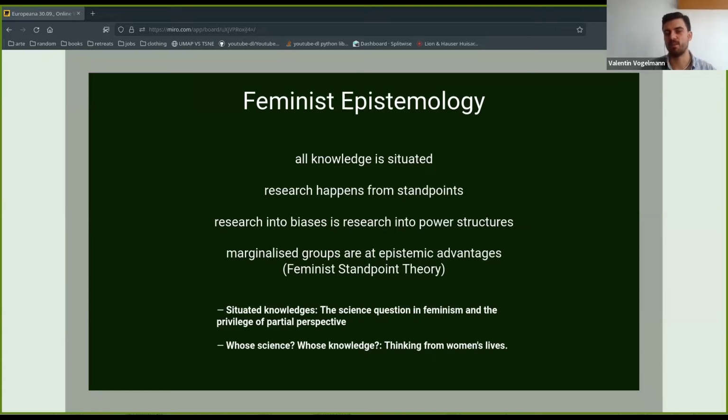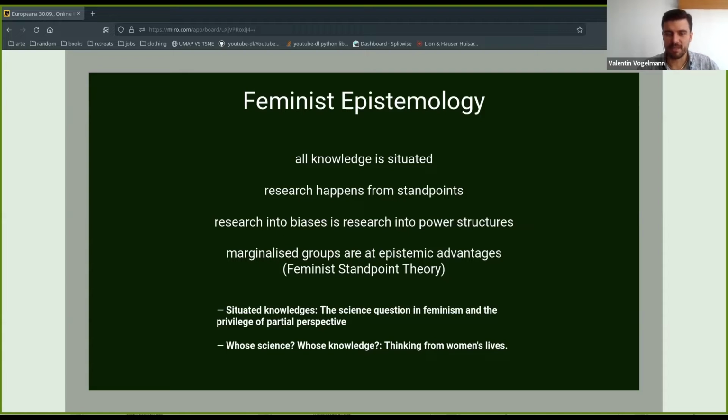And so in a way, every standpoint, every perspective could be said to be unique, because of its tie to a specific situation that is about time, that is about context. And so it can usually be assumed that these will not repeat. And because knowledge is situated, research must also happen from these standpoints, right? Because research is about knowledge.